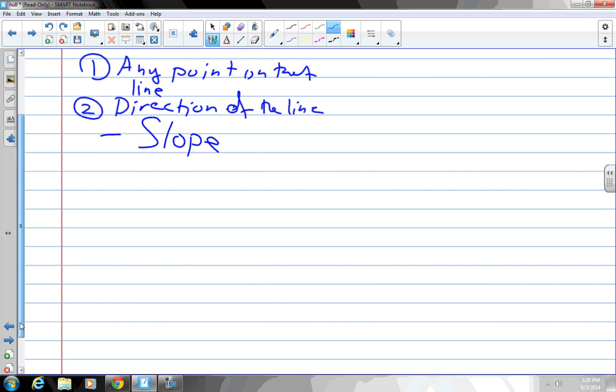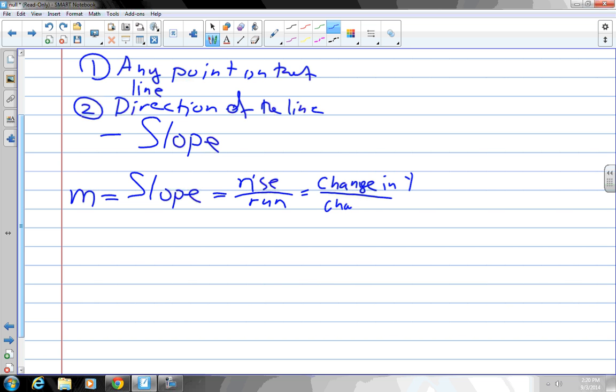So, let's see what you remember about the slope. We usually use letter M to represent the slope. What is that equal to? What is a slope? Just rise over run. Right. What else? Change in y over change in x.